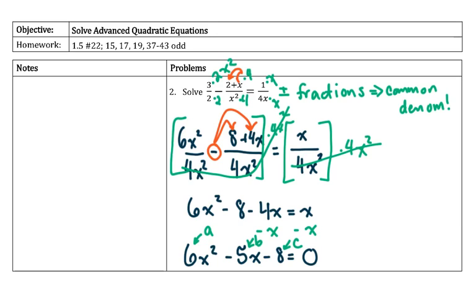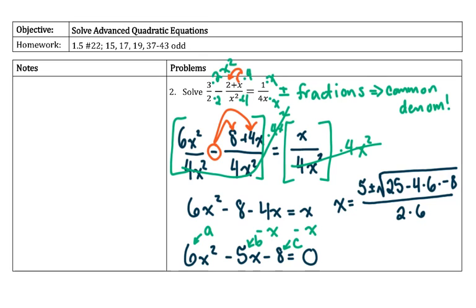So that when we plug it in, our solution is x is going to equal negative b, so negative negative 5 is 5, plus or minus 5 squared, which is 25, minus 4 times a, which is 6, times c, which is negative 8, all over 2a, just 2 times 6. And if we just take out our calculator, we can work that down to 5 plus or minus the square root of 217 over 12.